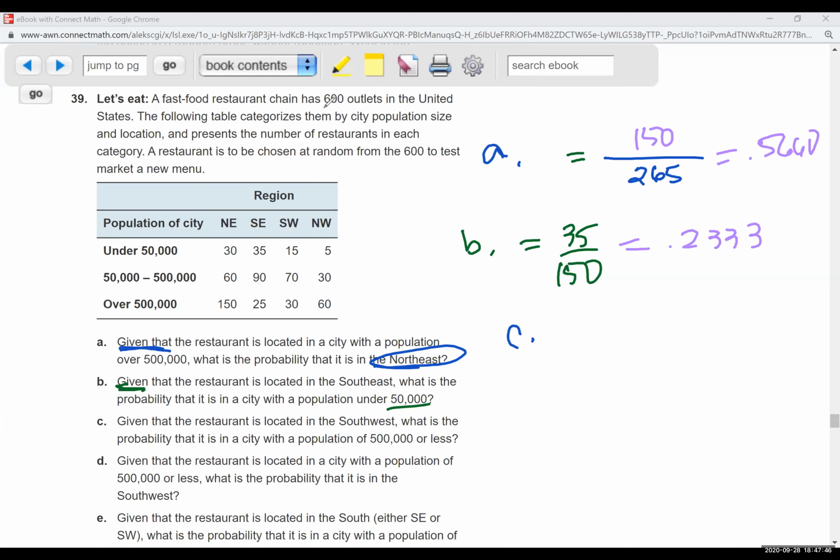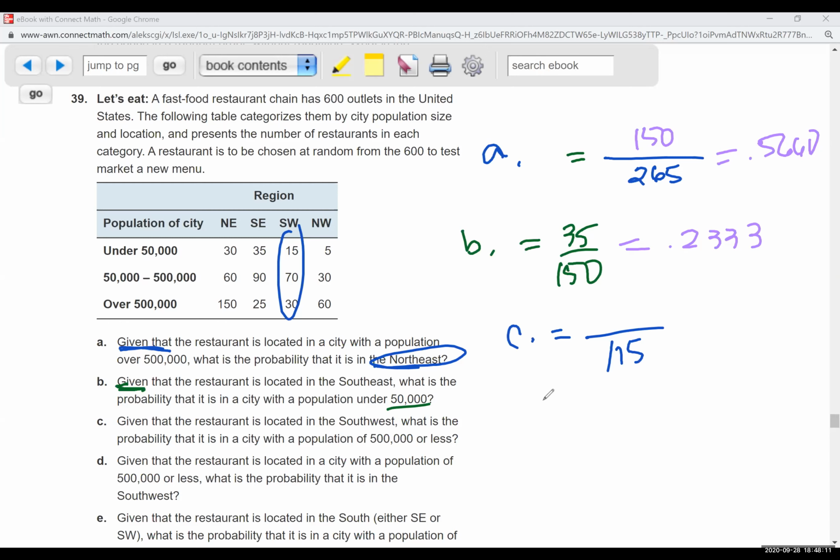So 85 over 115. All right, so let's check. Given that it is located in the Southwest, you add the column for Southwest, which is 70 plus 30 plus 15, 115.